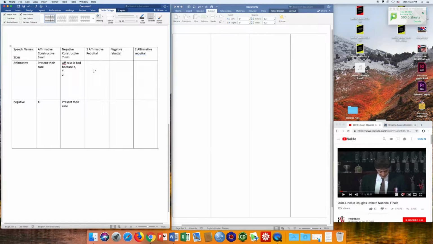Okay, following that is the first affirmative rebuttal, which is sometimes labeled the 1AR. So in this, the affirmative will likely begin by extending their case, the important points of their case, restating their case in a good way, and defending against attacks that the negative made against their case.